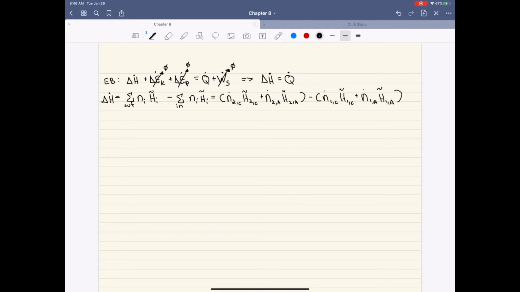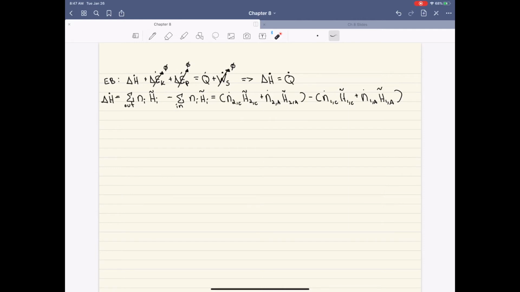Alright? So, as far as things we need to calculate, we need to calculate the molar flow rates for air and the methane. Though we could get that because we know what the molar compositions are from our mole fractions. So that's going to be a fairly simple thing to get. That's not too big of an issue.